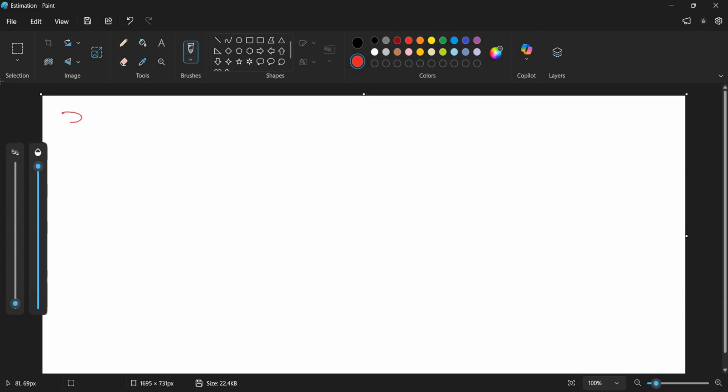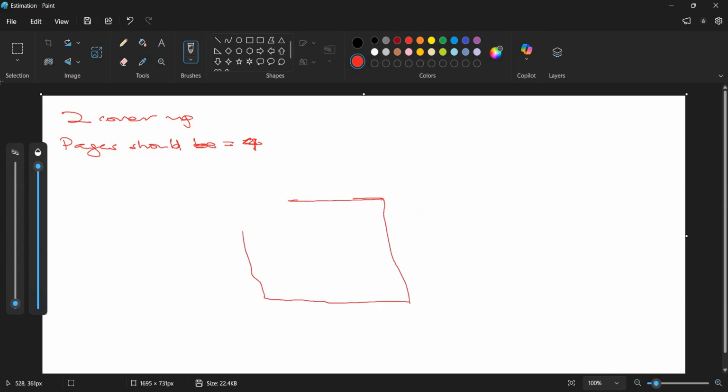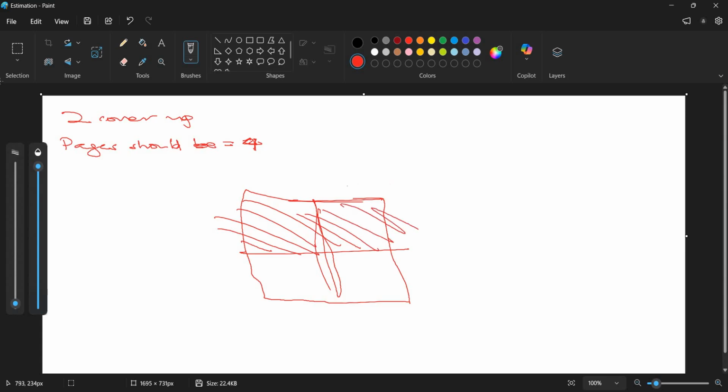Whenever you see 2 cover up in your question, that means your pages to view should be 4, because if you are having 4 pages to view like this, and then you need a cover, that means this portion can cover one book, and then this portion can cover another book.